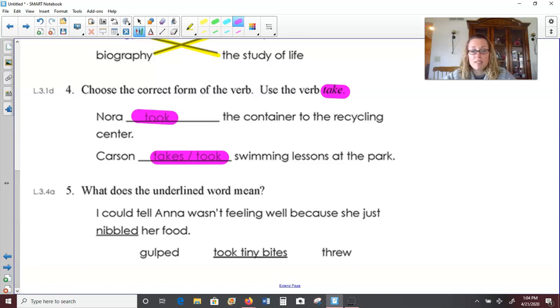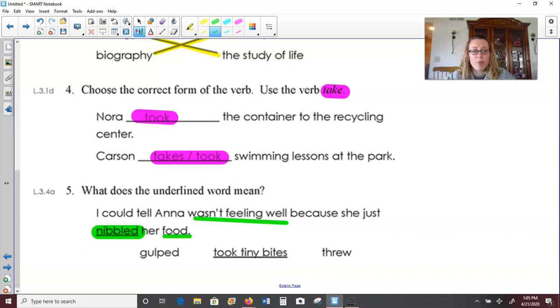And number 5, what does the underlined word mean? So I could tell Anna wasn't feeling well because she just nibbled her food. So some clue words here, if she wasn't feeling well, it doesn't mean gulped because it's her food. So you don't really gulp your food, you would gulp a drink.